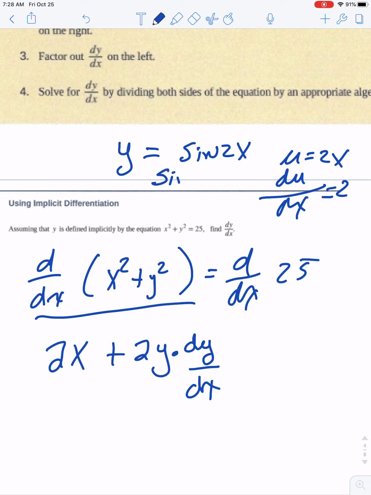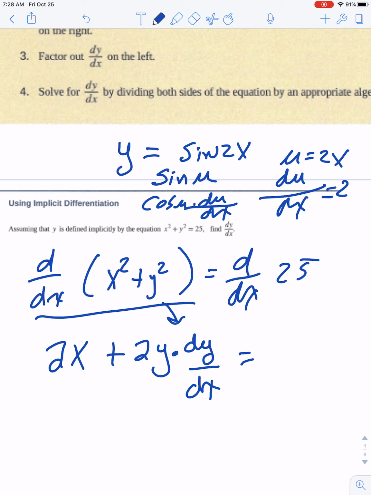And when we differentiate with respect to x, remember derivative of sine u is cosine u times, we have to multiply by our du/dx. So same idea here. The thing to keep in mind, whenever you differentiate y with respect to x, you need to add in this dy/dx. That's the big takeaway on that.